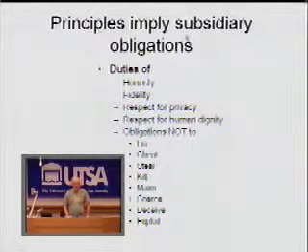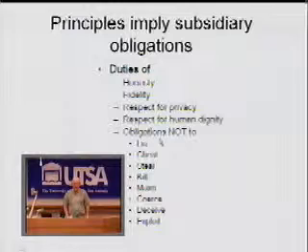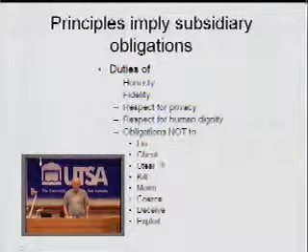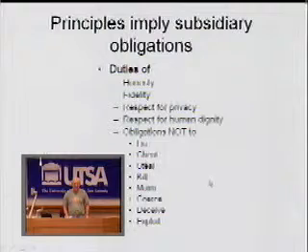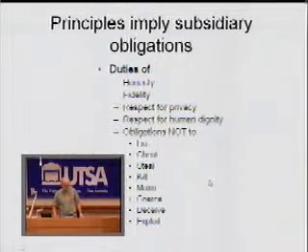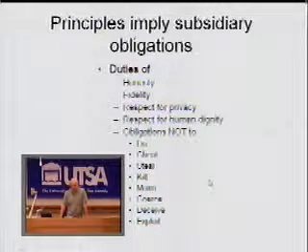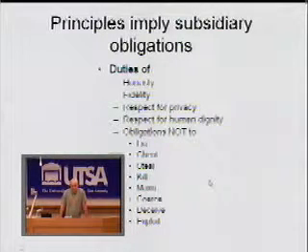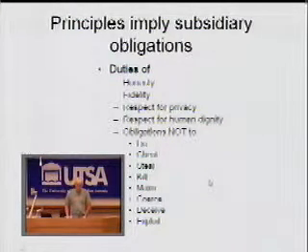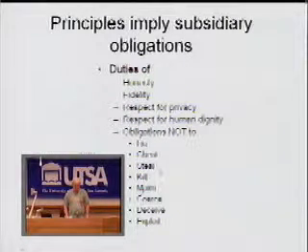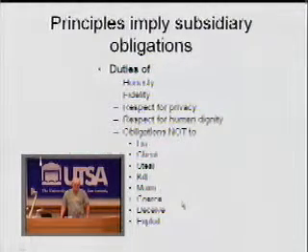So the principles imply subsidiary obligations, such as duties of honesty, fidelity, respect for privacy, respect for human dignity, and obligations not to lie, cheat, steal, kill, maim, coerce, deceive, and exploit. So these are all very important words in research, and there are significant sanctions or penalties if someone is confirmed as a transgressor on any of these cases.